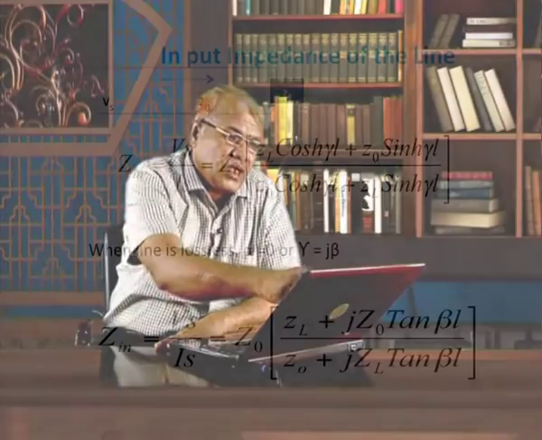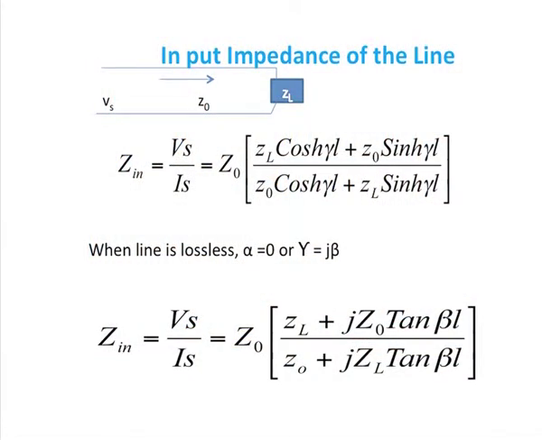If the line is lossless, the hyperbolic functions become tangent functions, alpha is 0, and gamma is only equal to j beta. At that time the input impedance of the transmission line comes out as Z0 times ZL plus jZ0 tangent beta L divided by Z0 plus jZL tangent beta L.